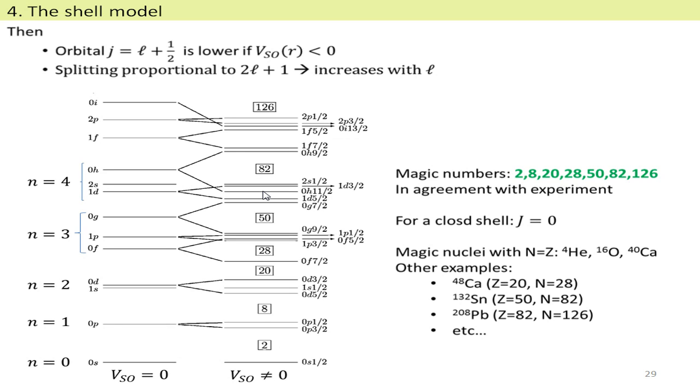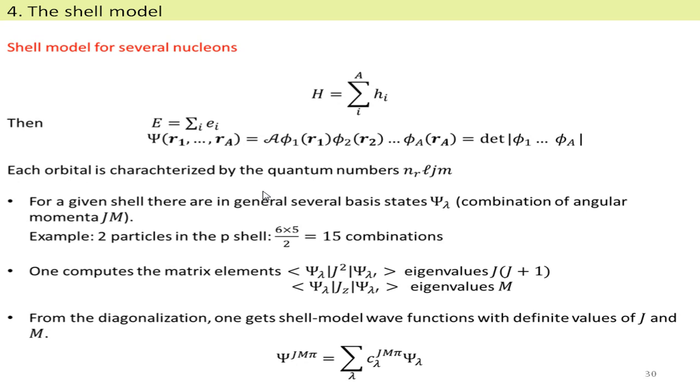And now if you look at the spin for a closed shell, the spin is of course 0, and you can reproduce the magic nuclei here, and also with different numbers of neutrons and protons. And I will need that in cluster models, because I will show you that cluster models are based on shell model wave functions for the clusters. Okay? So now let me come to, so this was for a single nucleon.